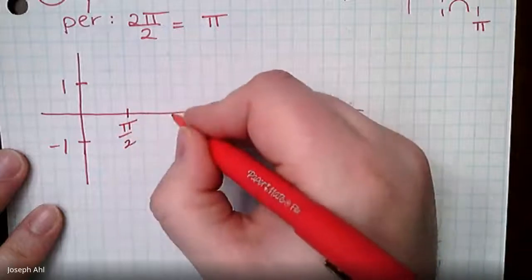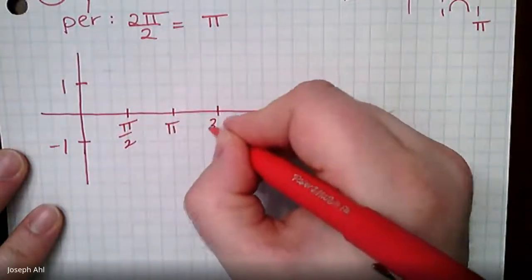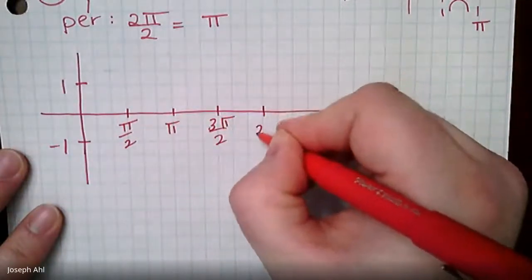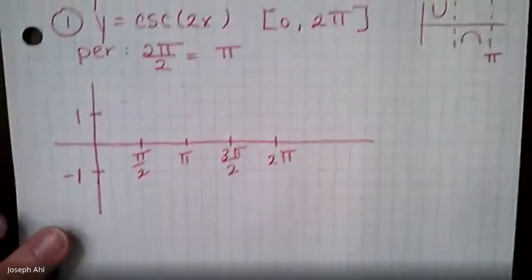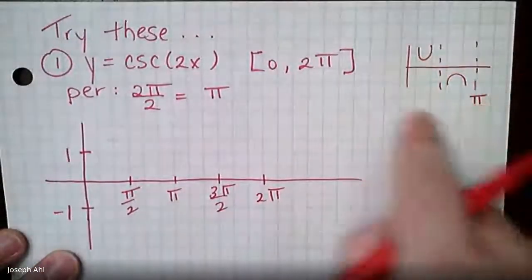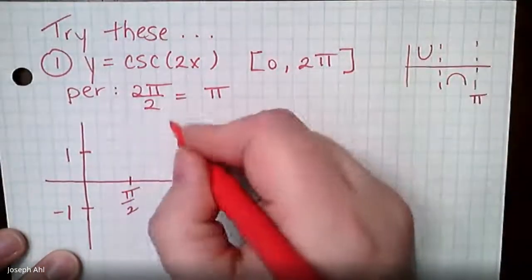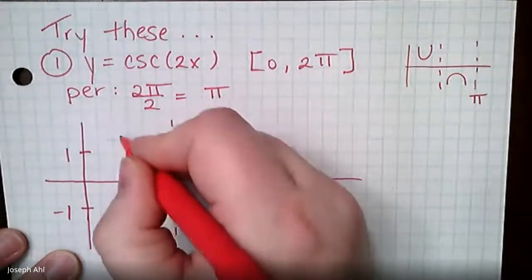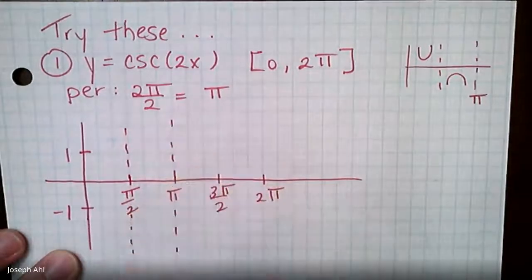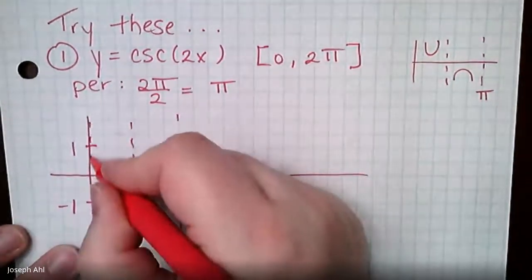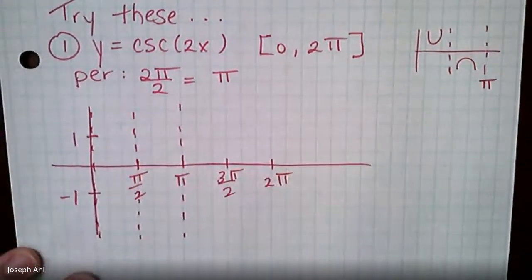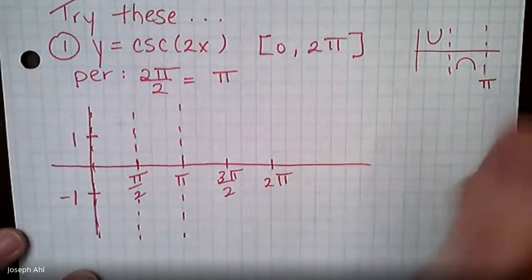So there's pi over 2, pi, 3 pi over 2, and then 2 pi. Okay. What we said is we have to see that whole cosecant graph completed by pi. So if I'm going to see an asymptote here, I'm also going to see an asymptote at pi over 2. And there would also be one at 0. So this first cycle of cosecant, this is what it's going to look like.